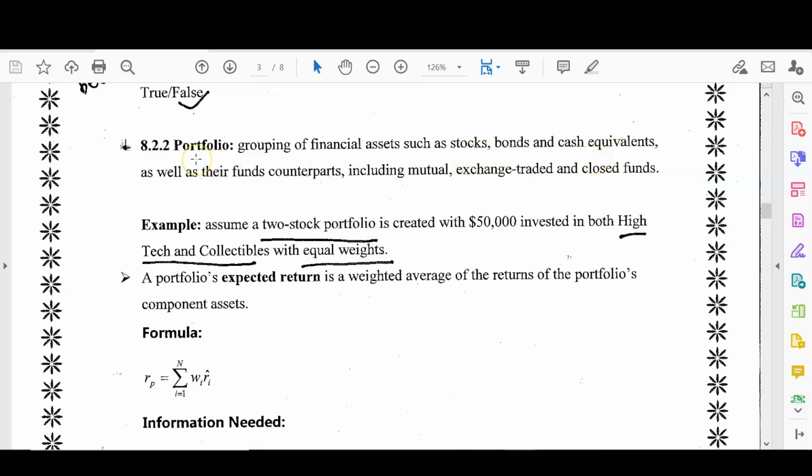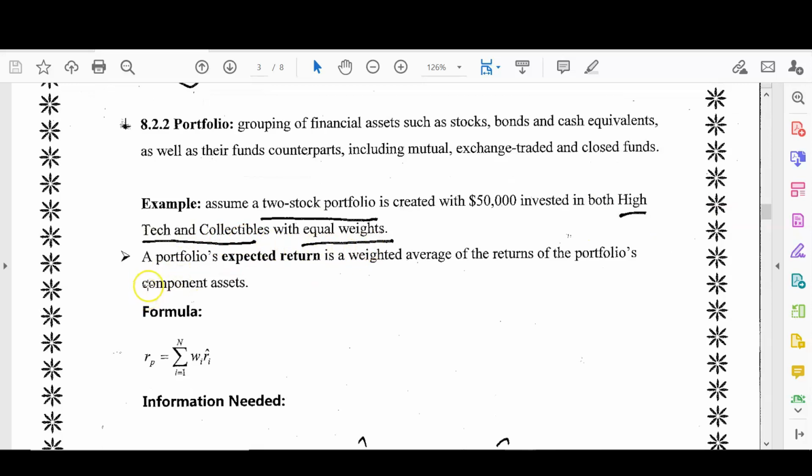So that's a portfolio. For example, if we have a two-stock portfolio created with 50,000 invested equally in both high tech and collectibles with equal weights, we can calculate the portfolio's expected return as the weighted average of the returns of the portfolio's component assets.